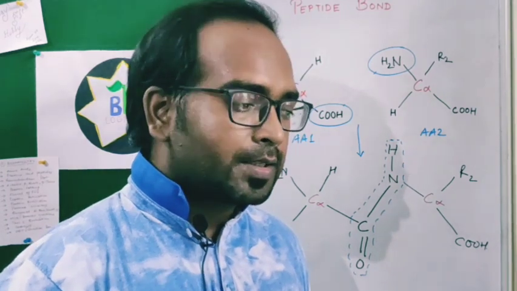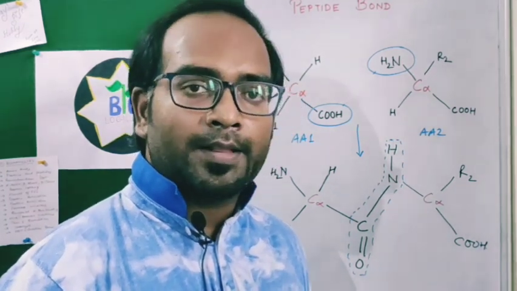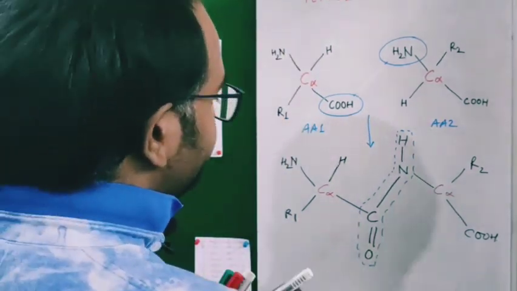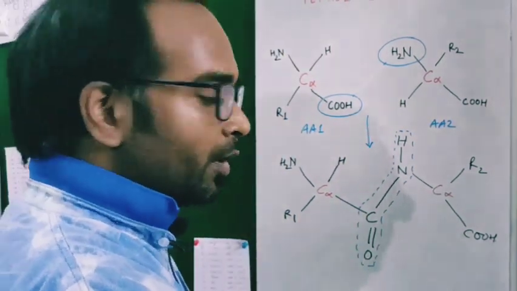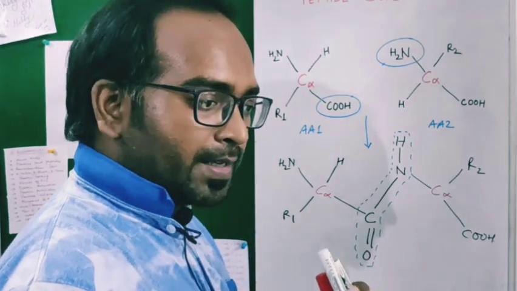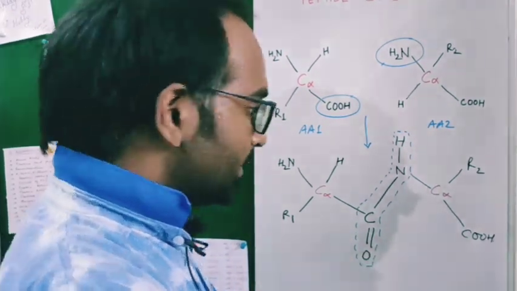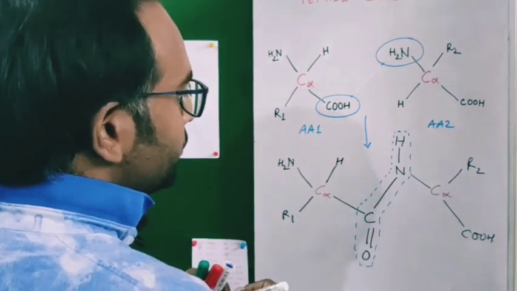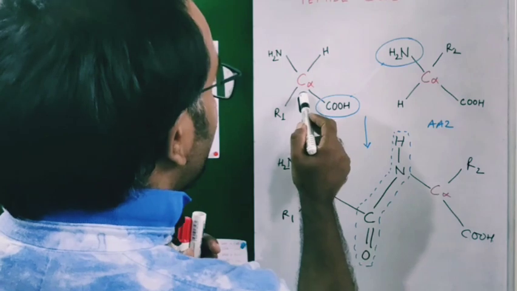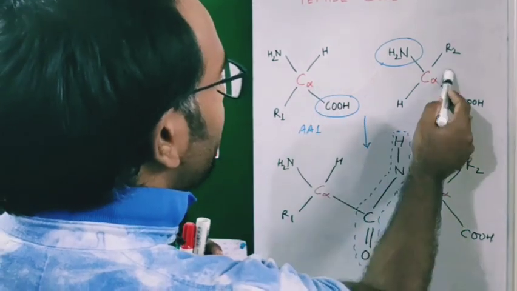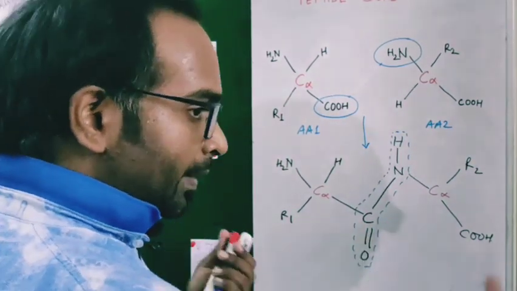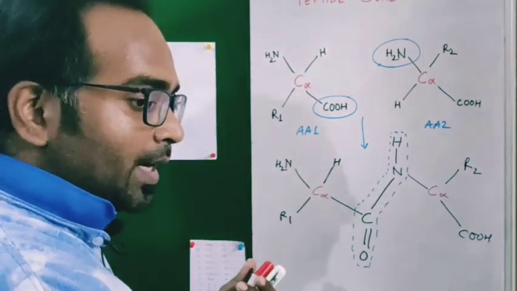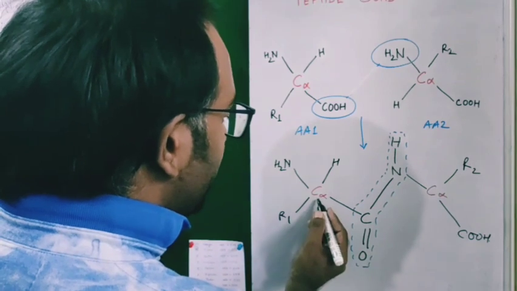Now we'll encounter one by one all the 10 important questions. The first question was, how many covalent bonds are present in the peptide group? Whenever peptide bond formation takes place, there must be at least 2 amino acids, amino acid 1 and amino acid 2. So 2 amino acids means there will be 2 alpha carbon atoms. So in one peptide bond formation, how many covalent bonds are there? Count with me.